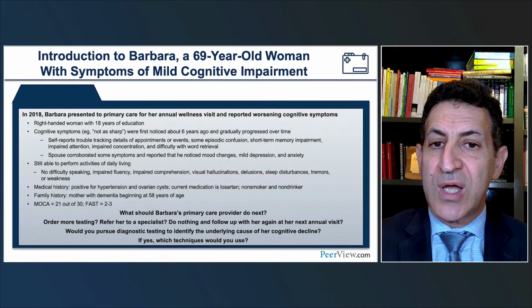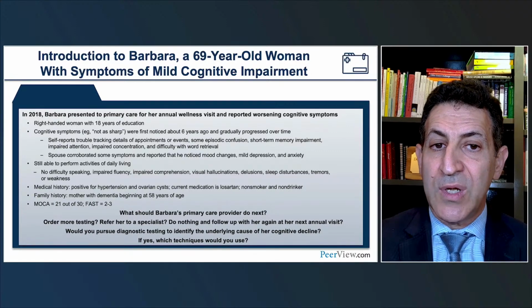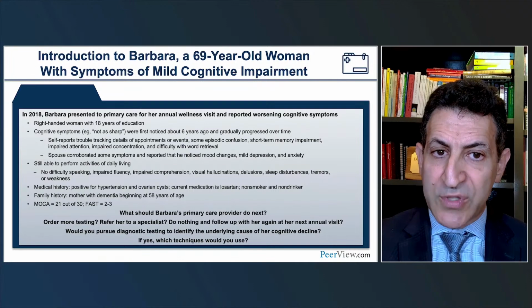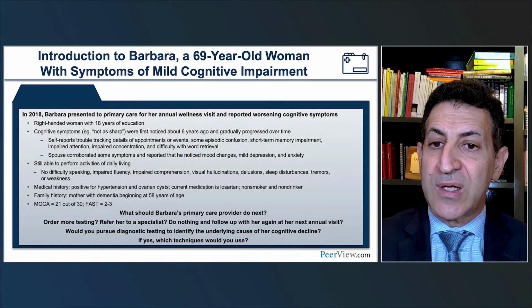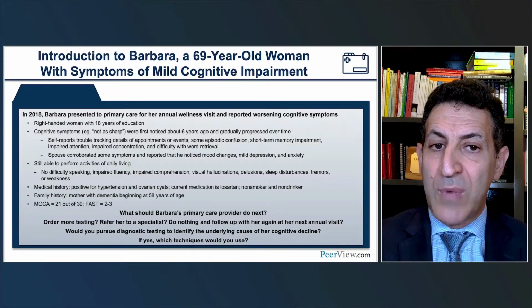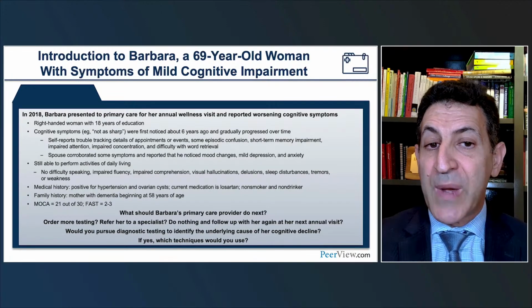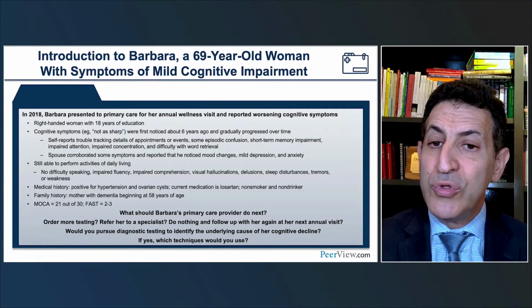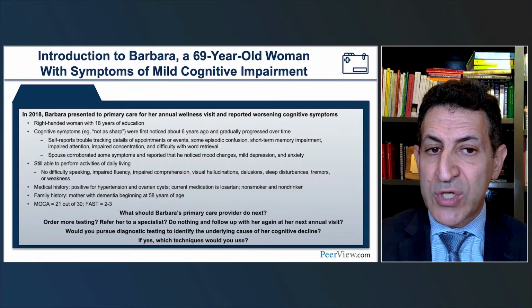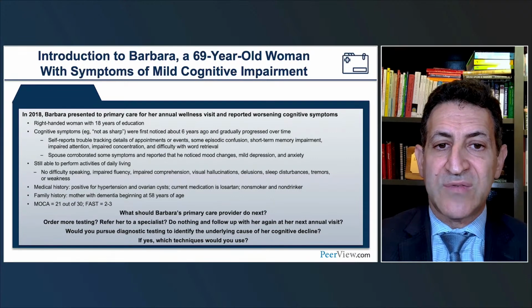She knows this has been going on for a few years, which has progressively worsened over time. She self-reports trouble tracking details of appointments or events. She has episodic confusion. She notes short-term memory impairment, impaired attention, impaired concentration, and difficulty with word retrieval. Her spouse corroborates this with some symptoms and notes some mood changes such as irritability, depression, and anxiety. She notes no impairment in her activities of daily living.